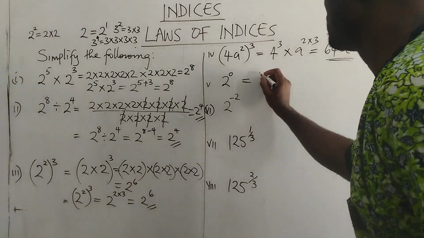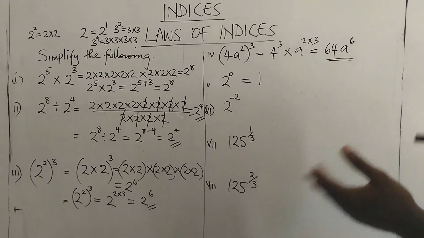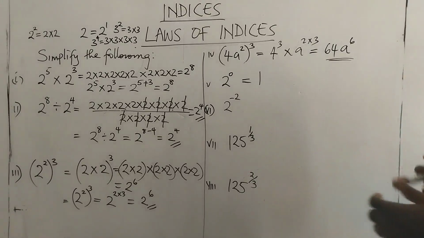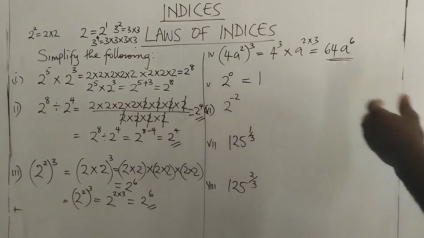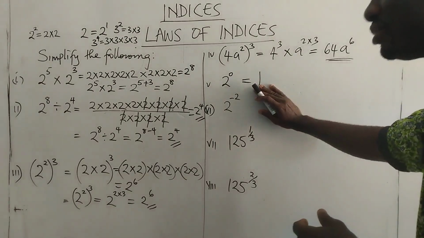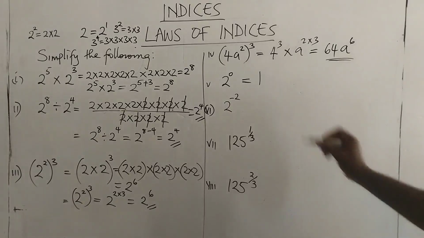So this gives us 1. So any number, whether it is 100 raised to power 0, even letters a raised to power 0, just bring it down to 1.